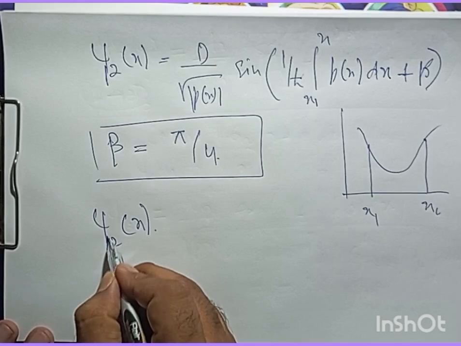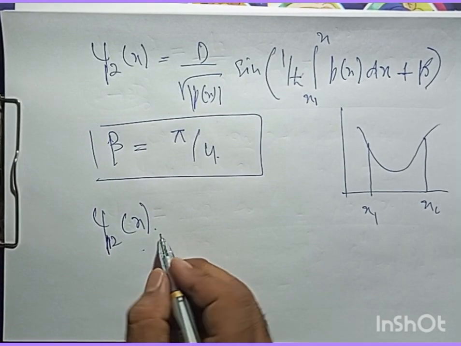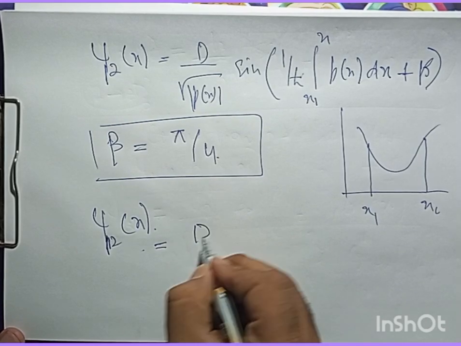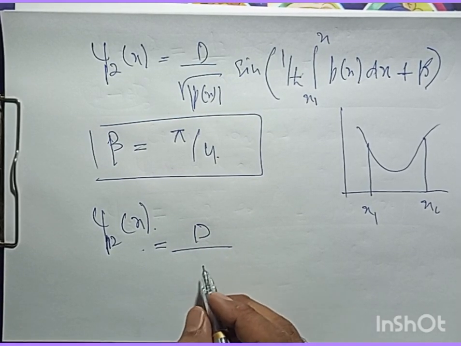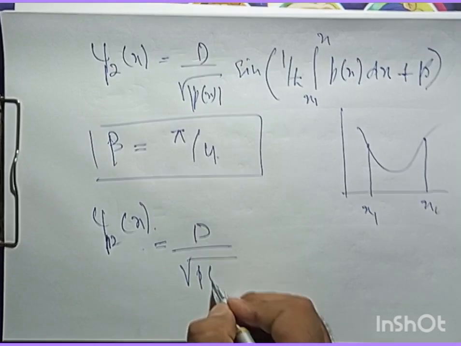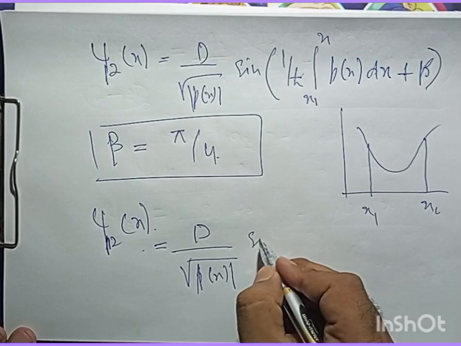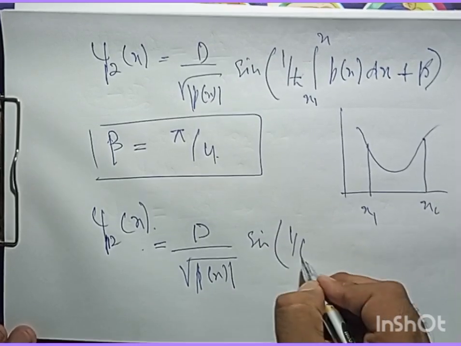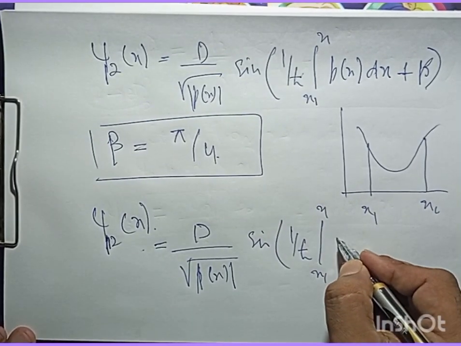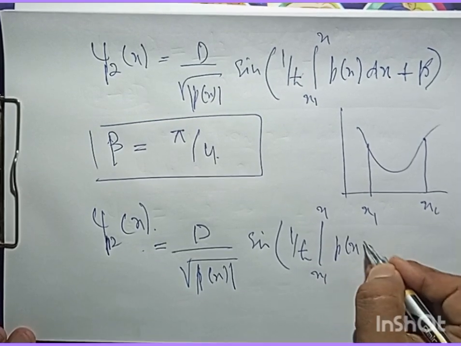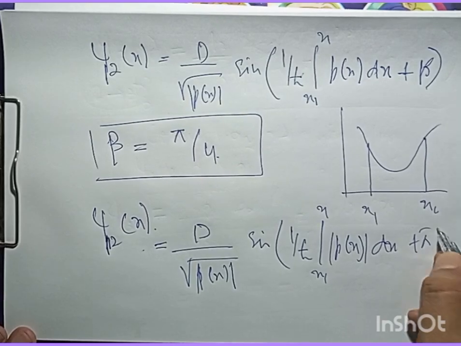So this psi 1 2 is to be written as d by under root of p of x and sine of 1 by h bar integral x1 to x, then we have p of x and dx and then plus pi by 4.